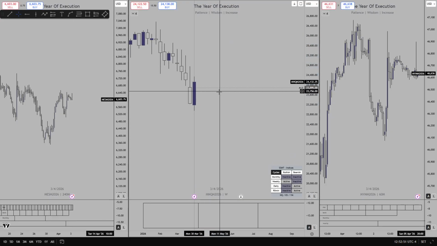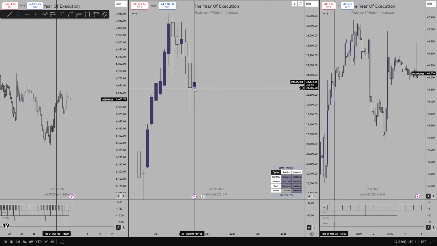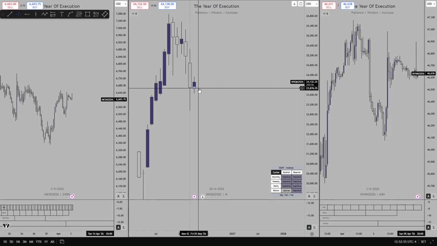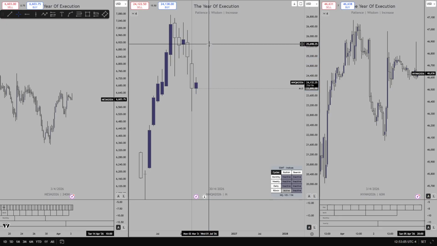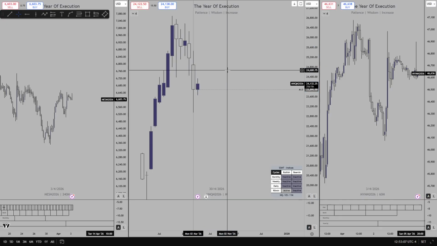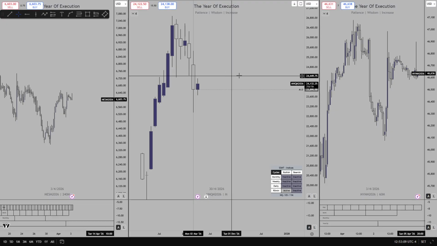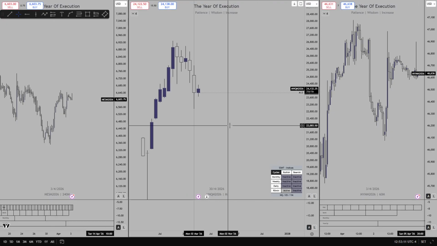So let's say we made a monthly open, we accumulated, made stops, and then went below the monthly open. Then we're going to distribute above the monthly open and close back in the range. That's just typically what power of 3 is. So I'm going to be using that.